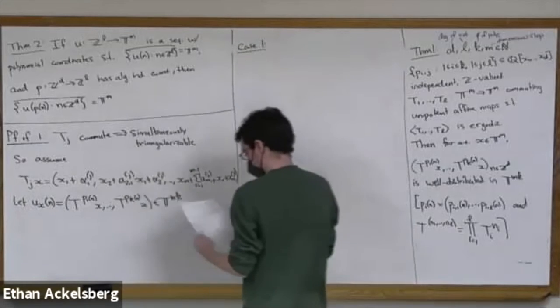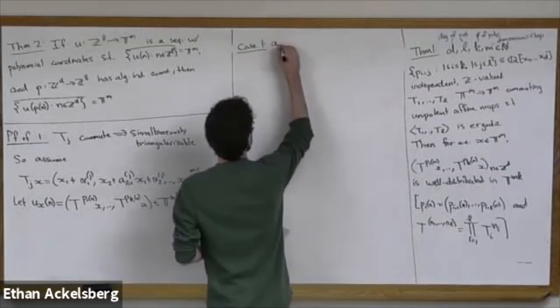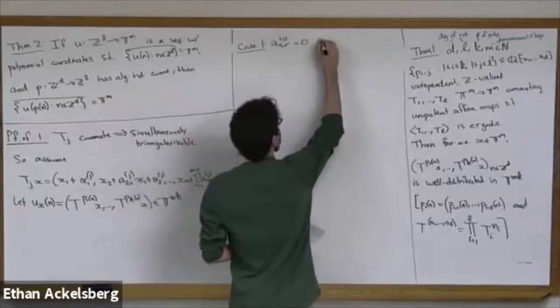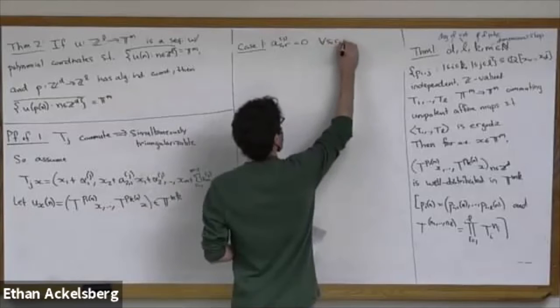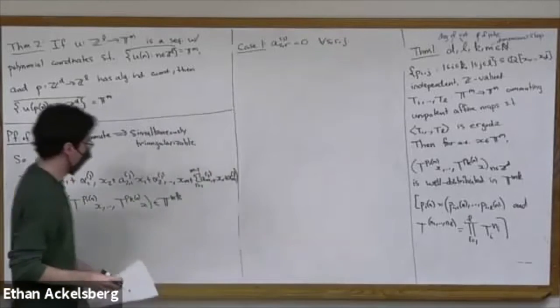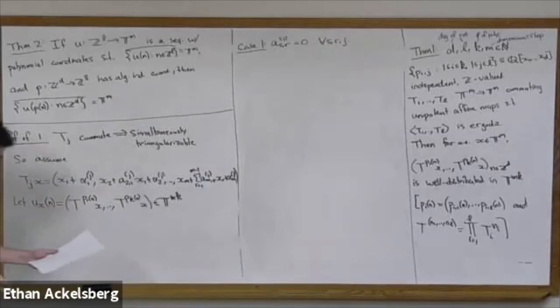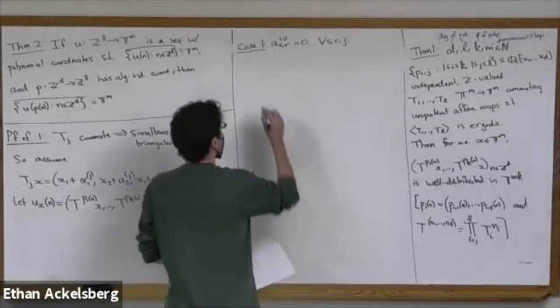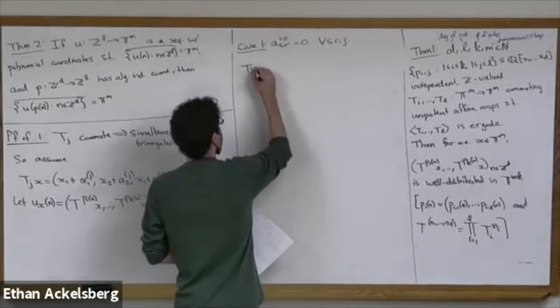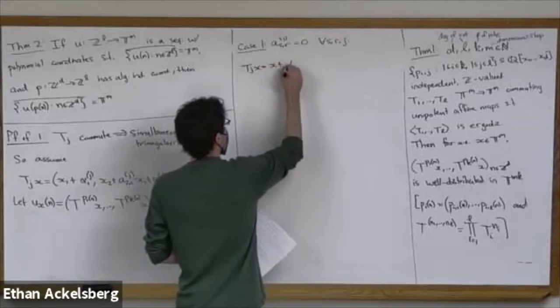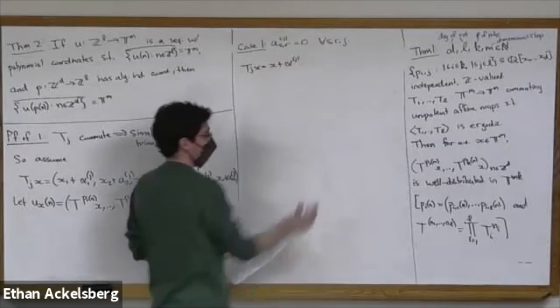So the first case is that all of these a's are equal to 0. Which means in every coordinate, we just have a rotation by some alphas. So T_j x is x plus some alpha j.